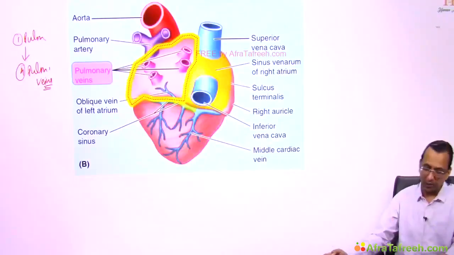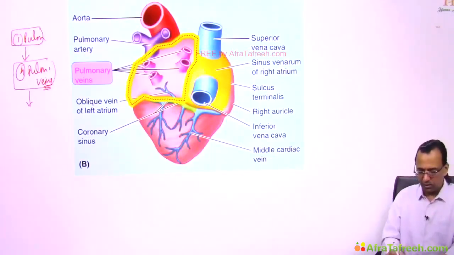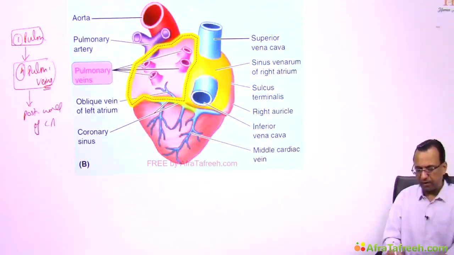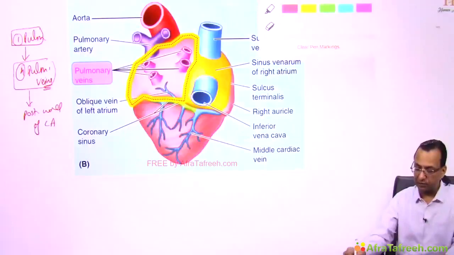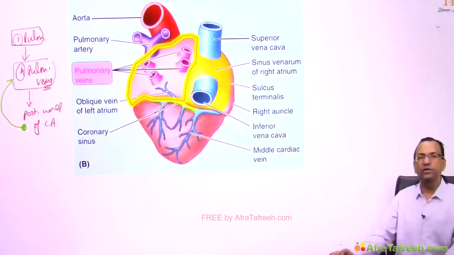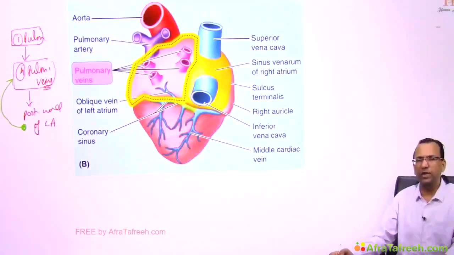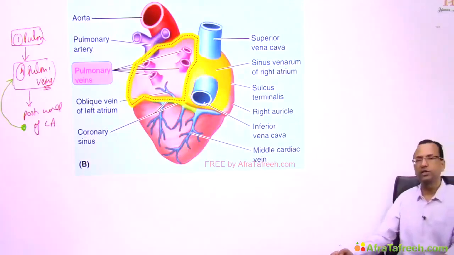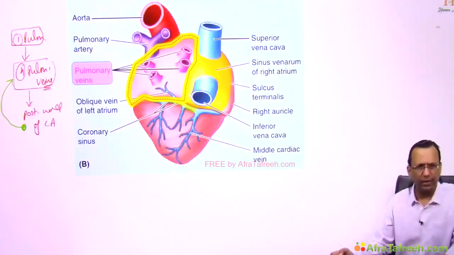One book says one pulmonary vein forms four pulmonary veins, forming the posterior wall of the left atrium, and the other school of thought is the reverse: the wall of the left atrium forms the four pulmonary veins. So it is quite controversial and nothing is clear. You have to practice MCQs and find your answer according to the question. That's why practicing MCQs is quite important, which we'll be doing, of course.